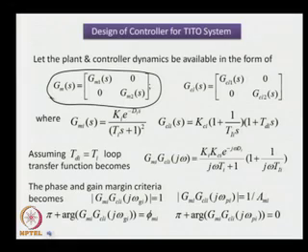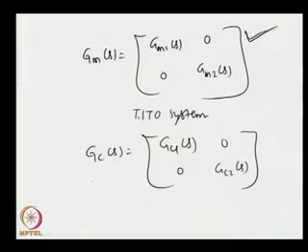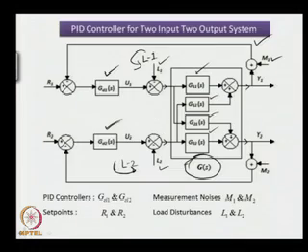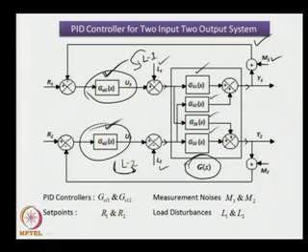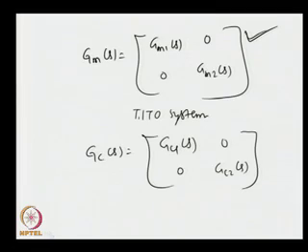What benefit one gets from here? This sort of representation of the plant dynamics and the controller dynamics help us to design two controllers in a convenient manner, in the sense that as if there is no loop interaction between the two loops of the TITO system, one has to tune the parameters of the series PID controller based on the dynamics we have obtained in this form.